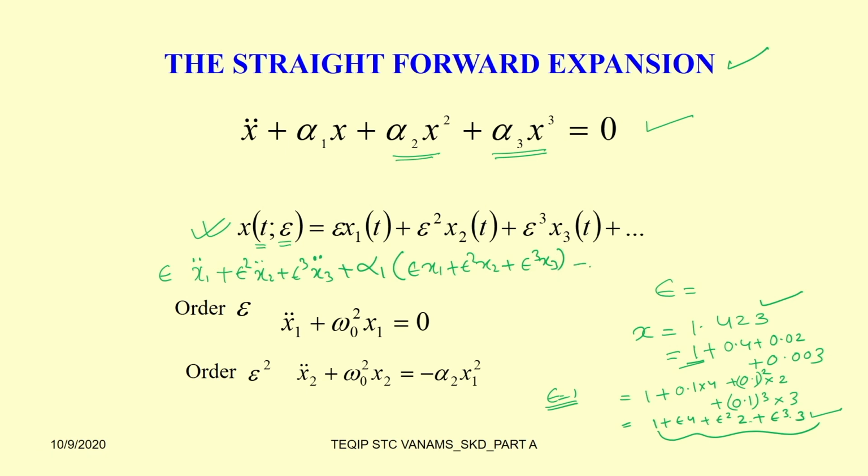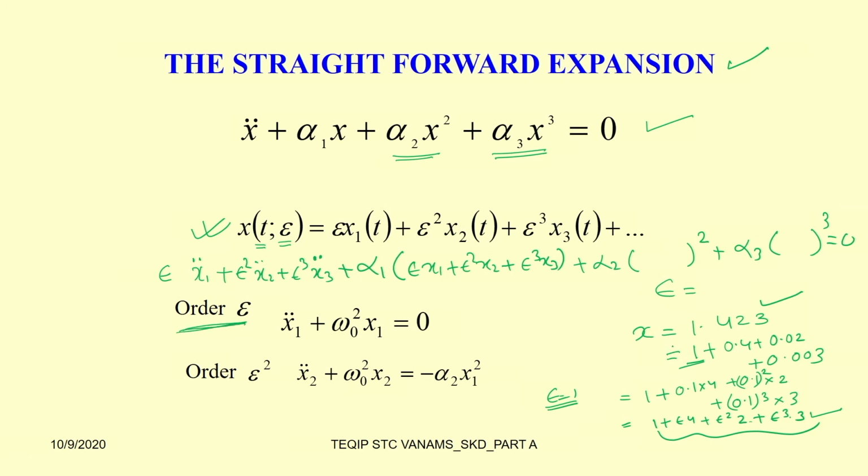Similarly, plus alpha 2 into the same thing squared plus alpha 3 into the same thing cubed equal to 0. Then we can take out the terms with order of epsilon 0, order of epsilon.